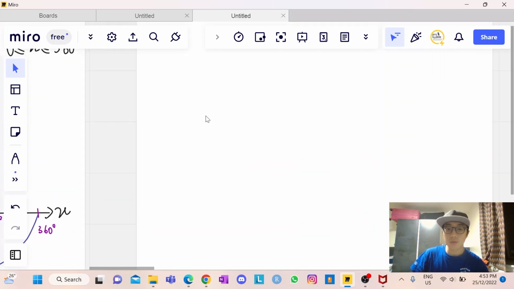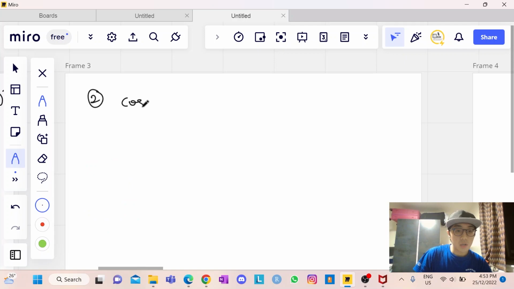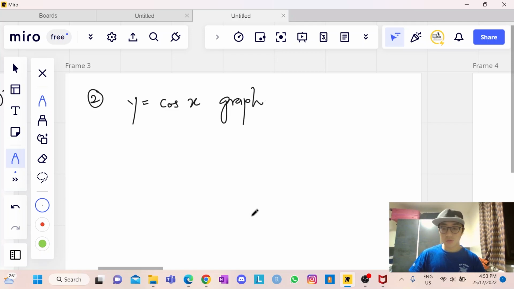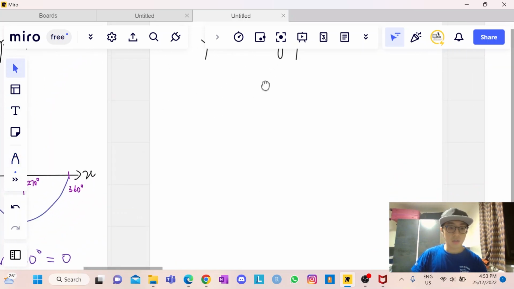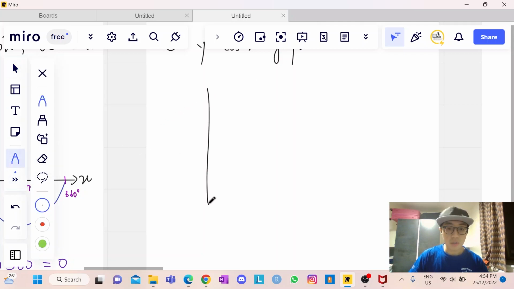Number two, I'm going to introduce to you the cosine graph, or y equals cos x graph. To draw the axes, they go like this, y and x.